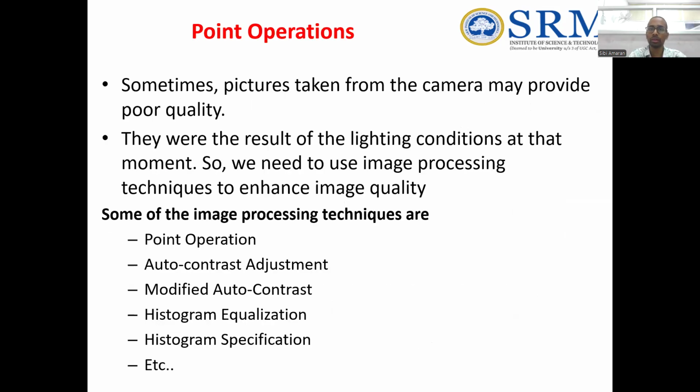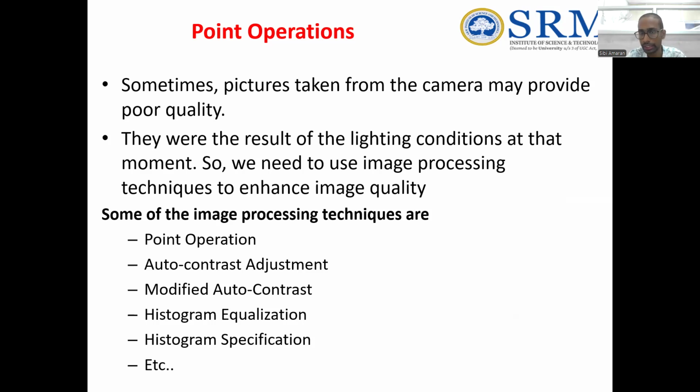Now we can discuss point operation. This point we already discussed many times. Sometimes pictures taken from the camera may provide poor quality because of the lighting conditions. To improve the quality, we need image processing. Some of the image processing techniques are, first, point operation, second, auto contrast, and third, modified auto contrast.